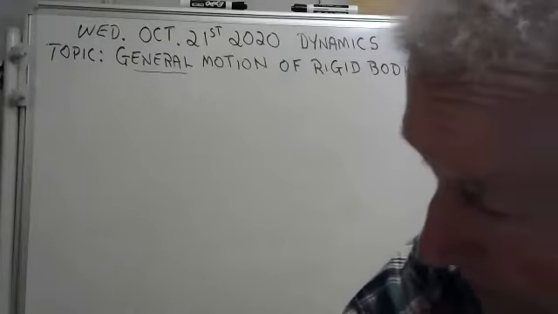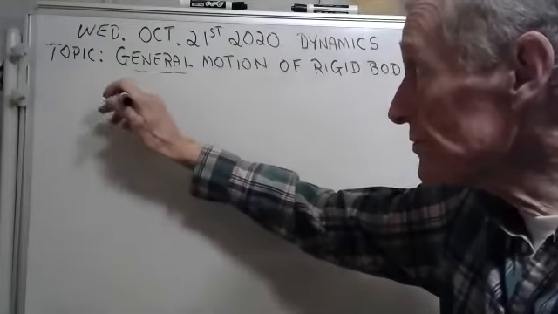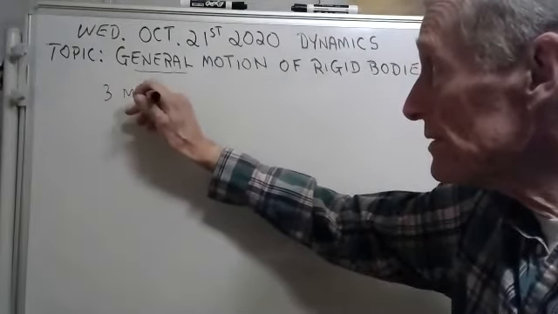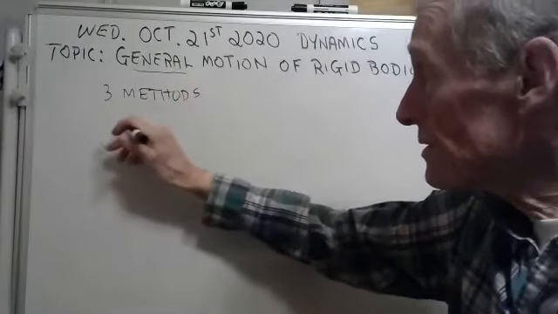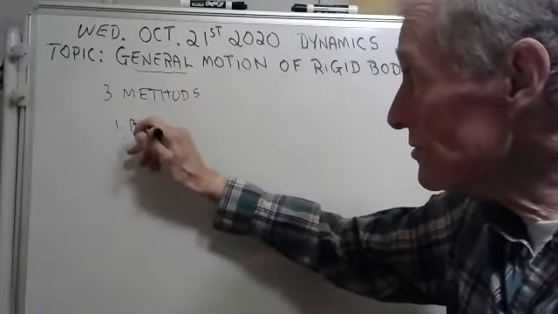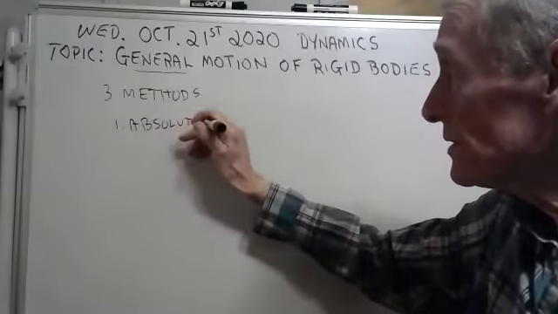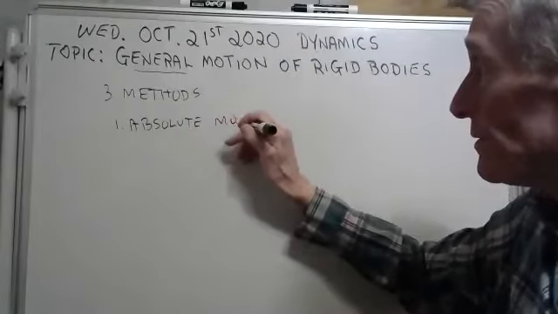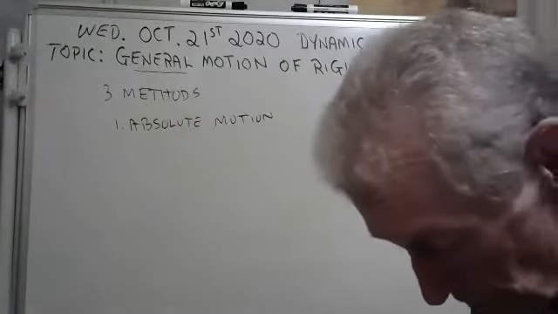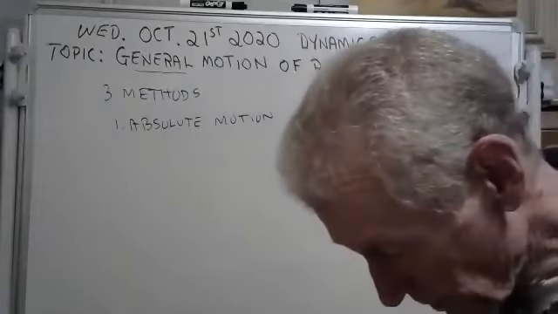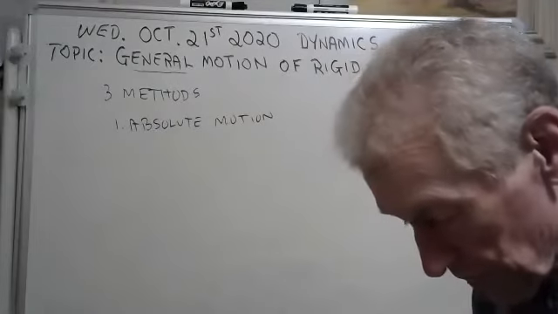Now, how do you go about solving general motion? Well, there's 3 methods for solving general motion. There's the absolute motion method, and that's explained in your book. Let me show you, see if I can find that here.